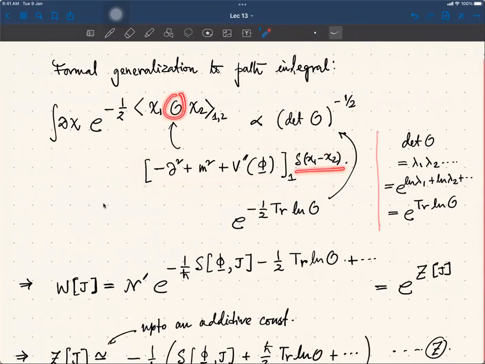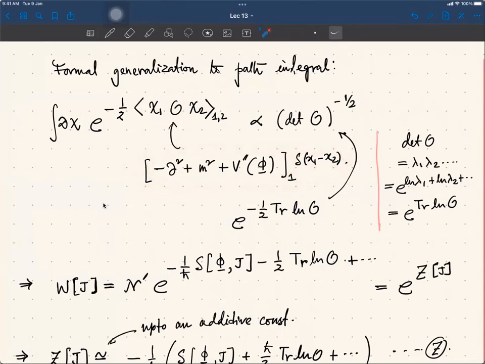So O viewed as a matrix operator is a differential operator, but after doing the Gaussian integral, we view it as a matrix, except that the two indices are continuous indices, x1 and x2. What this factor tells us is that it is a diagonal matrix, because when x1 and x2 are different, it's 0. So this is a diagonal matrix, and the diagonal element is this one, which is a differential operator.